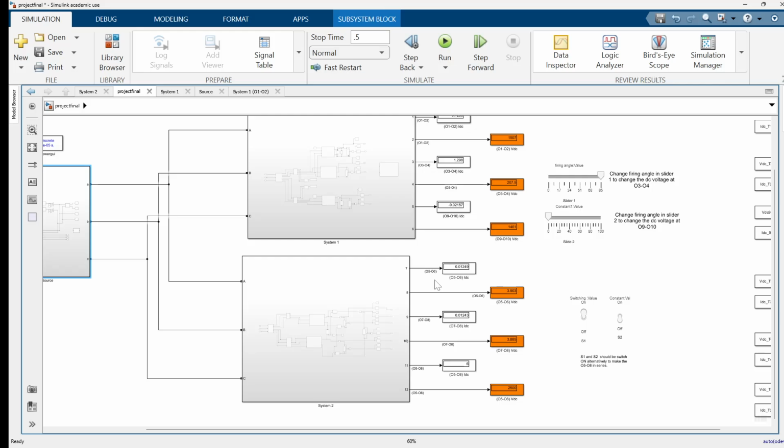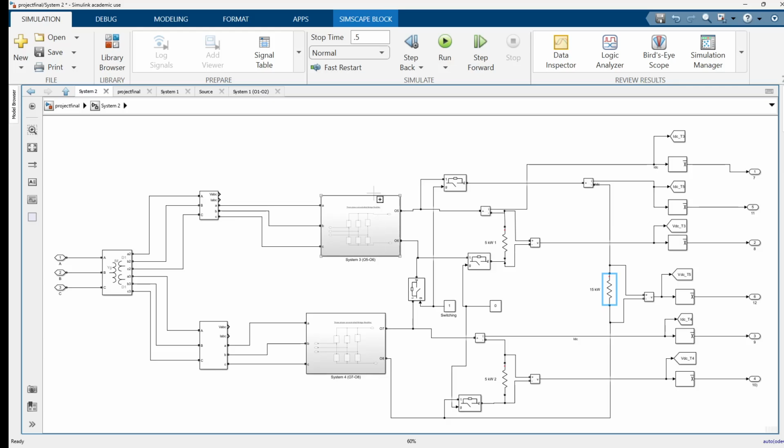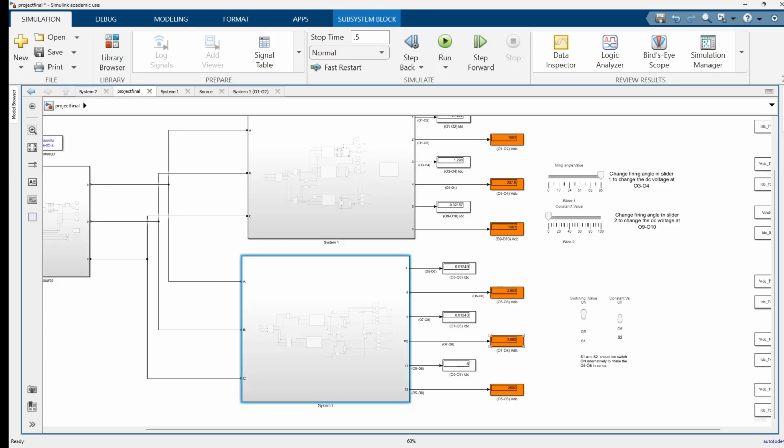System 2 consists of two rectifier circuits, and it produces outputs of O5 to O6 and O7 to O8, and these two rectifiers are connected in series to produce O5 to O8.